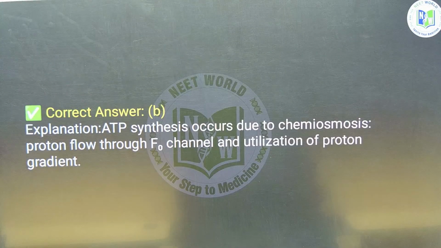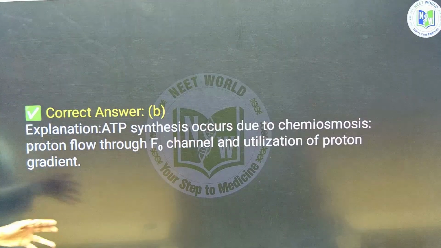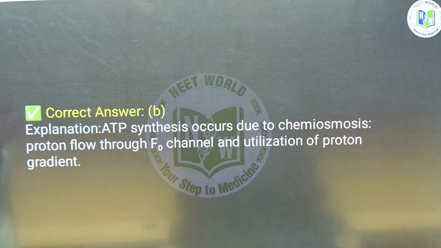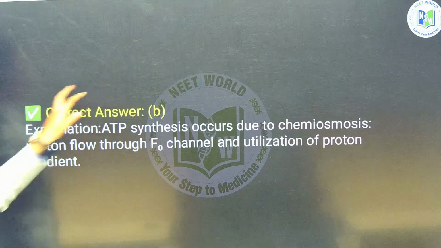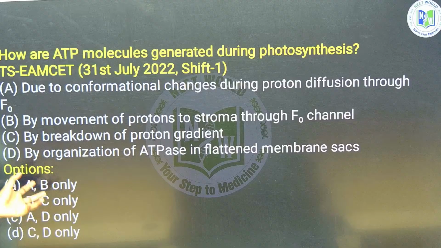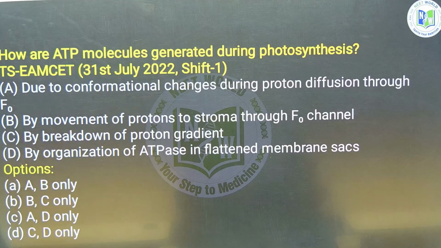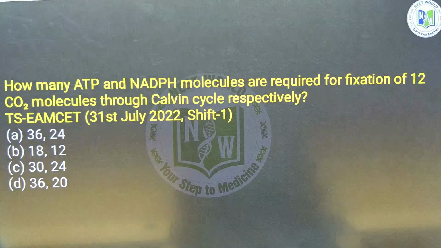These are the four prerequisites for the chemiosmotic hypothesis or chemiosmosis. Proton flow through the F0 channel and utilization of the proton gradient are the main things for it to occur. And here, in the third option, it is not against the proton concentration, it is across the gradient. Fine, right? Next, look at this question, it is on the energetics of the C3 cycle.